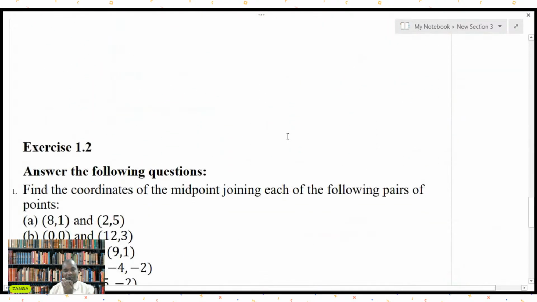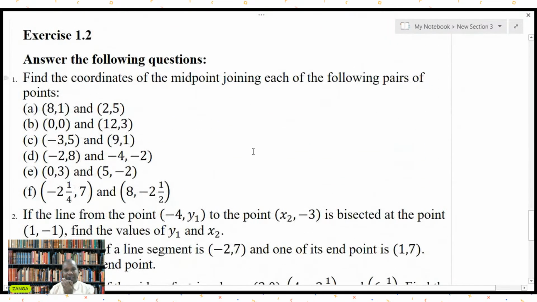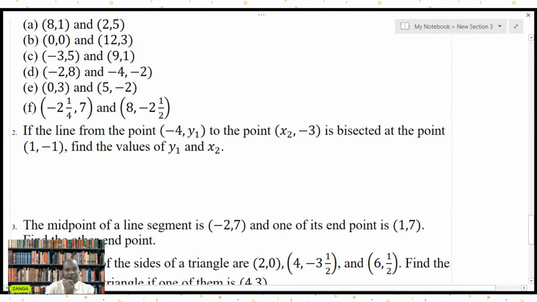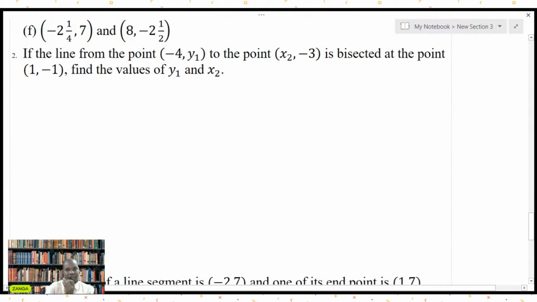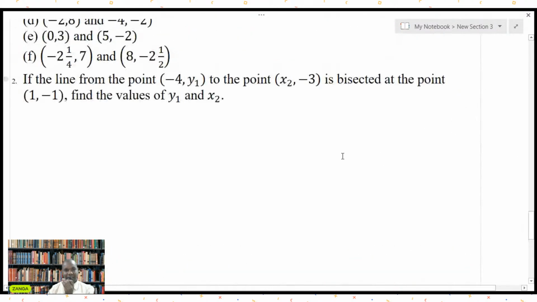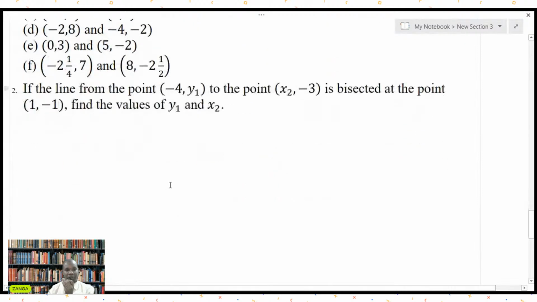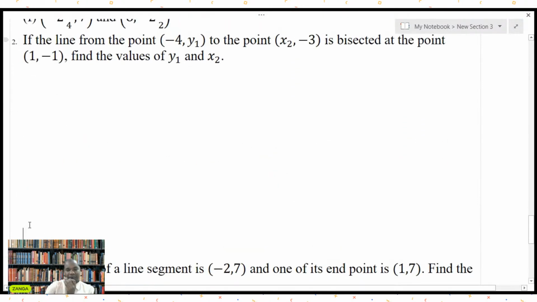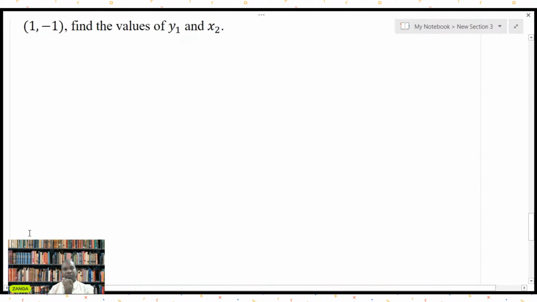which came in different formats, and I'd like to solve one of the other questions from the exercise. So if you go to your textbook, this is exercise 122, and I'll be solving question number 2. Let us see how we're going to solve it.